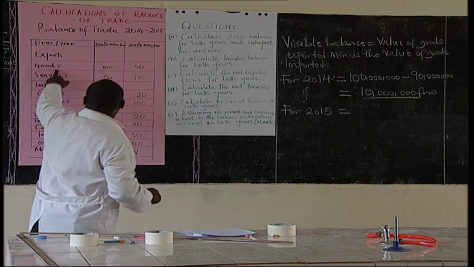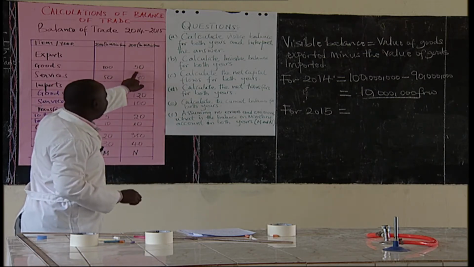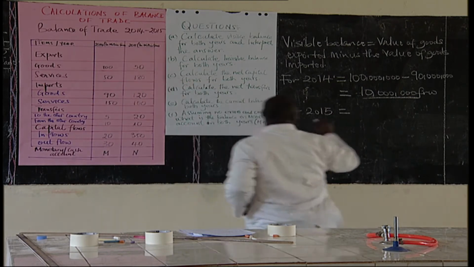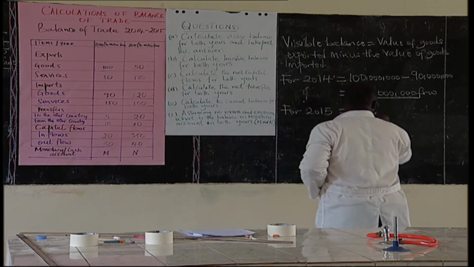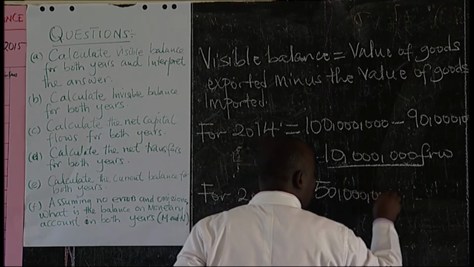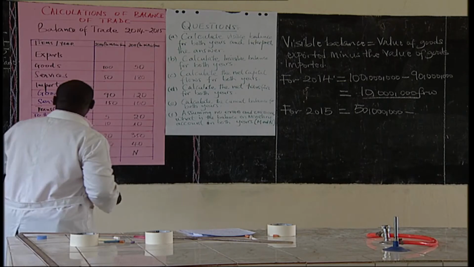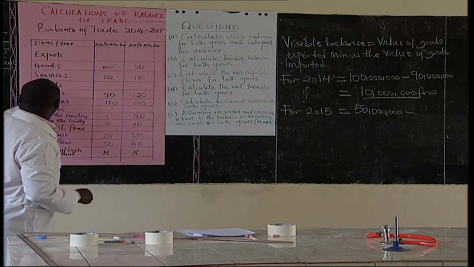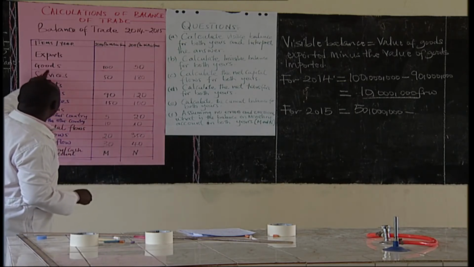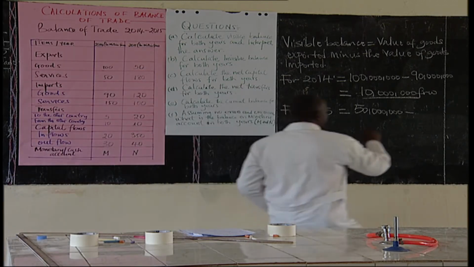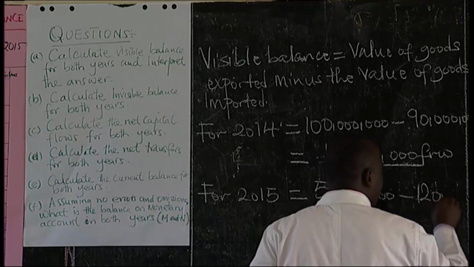Then for 2015, goods exported is 50 million, minus goods imported. Goods imported in 2015 is 120 million.